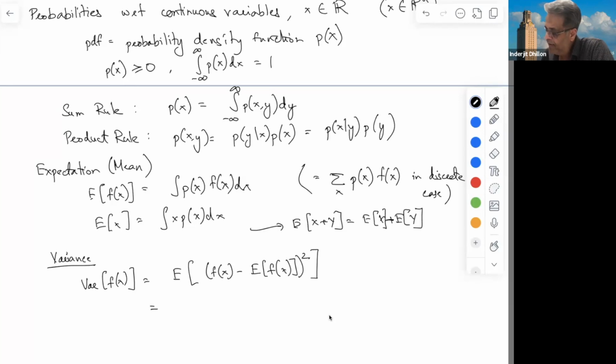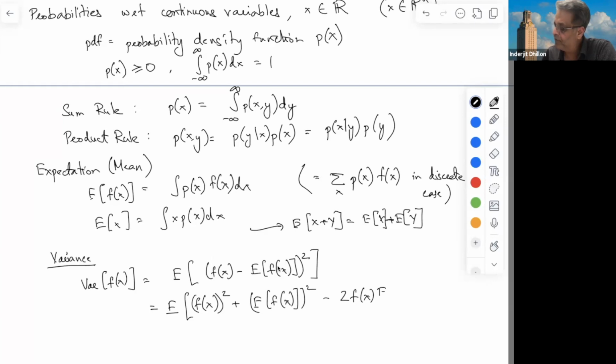Okay, now if I take the quantity within the brackets and open it up, I get f of x square plus, it's basically (a minus b) square, right? So I have a square plus this mean of f of x, squared. Just be careful where you put the squares and where you put the brackets, right? Minus 2 times this part, which is f of x times the expectation of f of x.